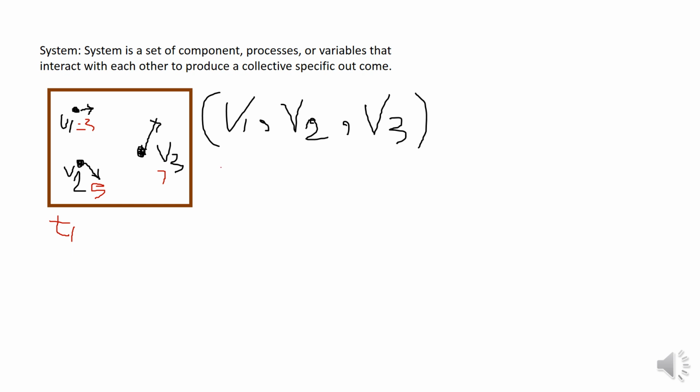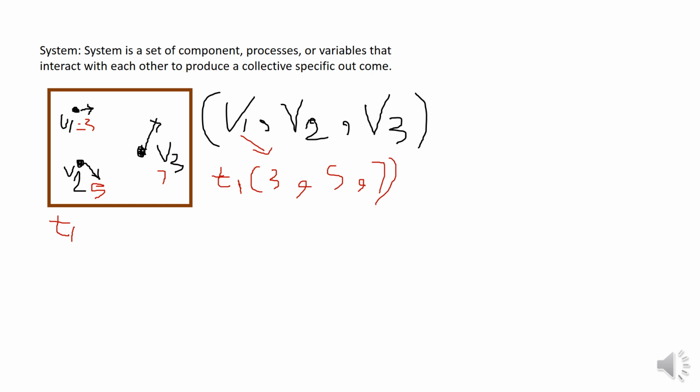So at time t1 we have v1 as 3, v2 as 5 and v3 as 7. This set of velocities is a state of the system because at any instant of time this represents a possible condition or situation of a system.